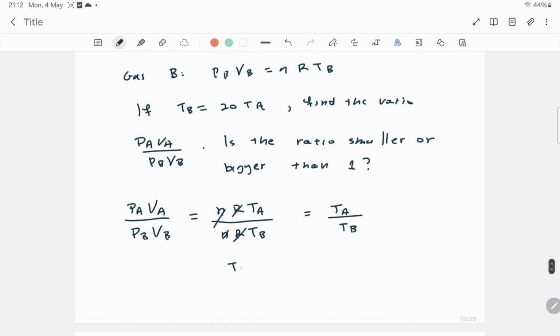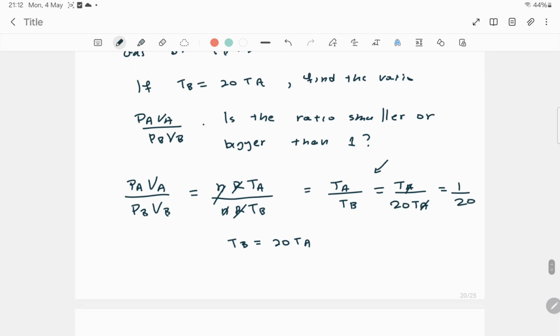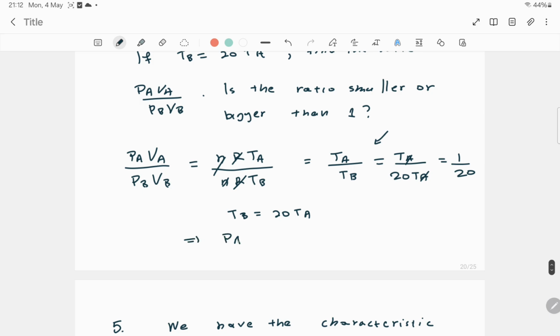And then TB equals 20 TA, so we substitute here. TA over TB is going to be TA over 20 TA, so that's going to be 1 over 20, which is less than 1.